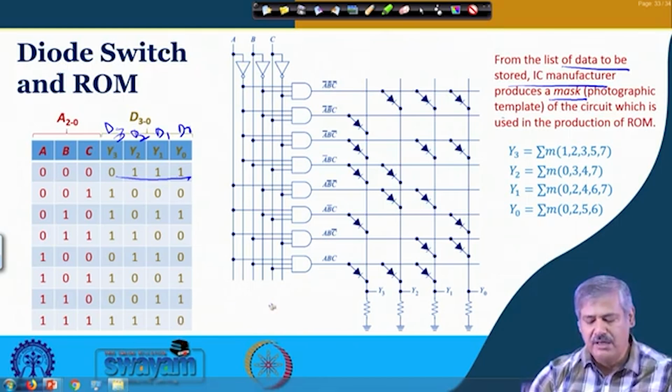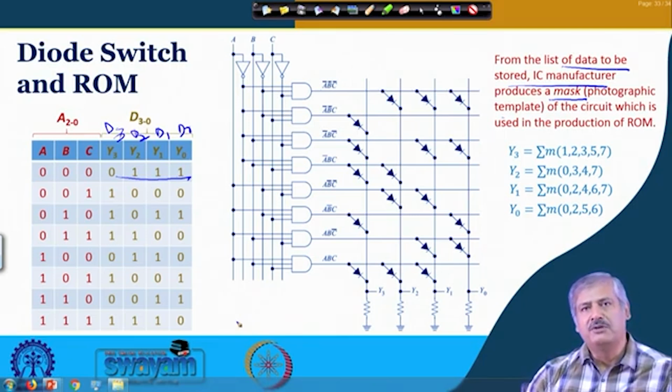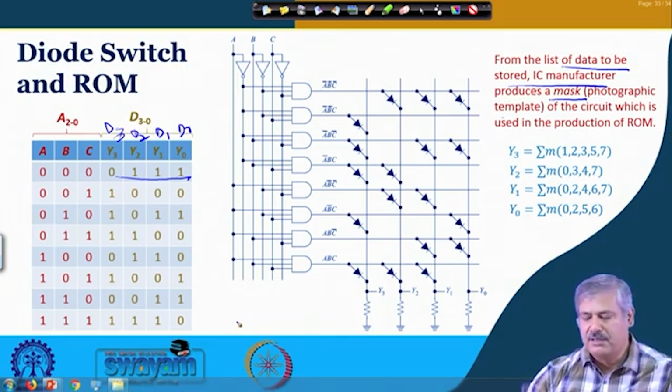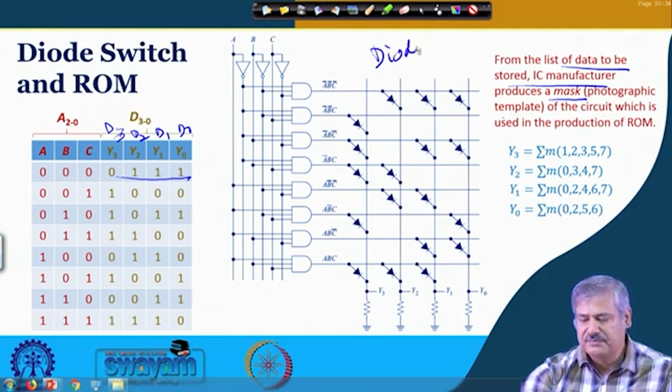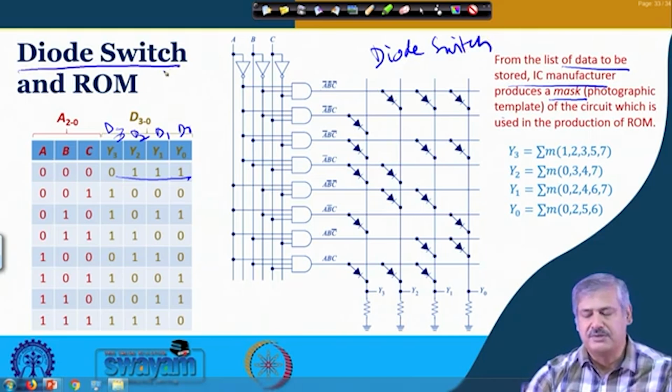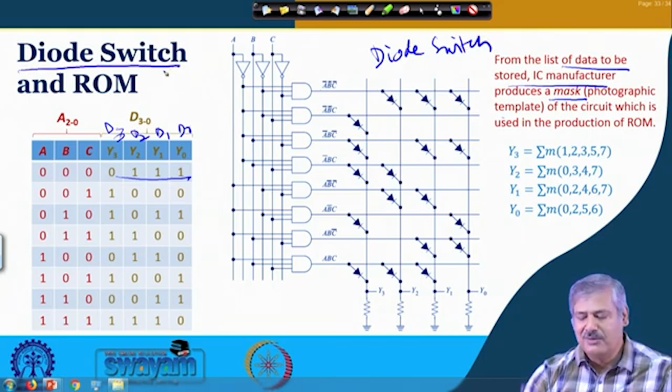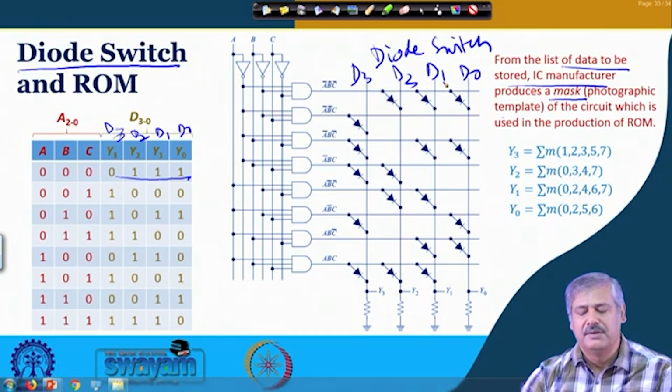Now, one way to achieve this, which is equivalent to the decoder and OR part that I shall discuss later, is by using diode switches. Okay. What does it do? You can see this is the decoder output and these are the 4 lines, which signify D3, D2, D1 and D0, right.